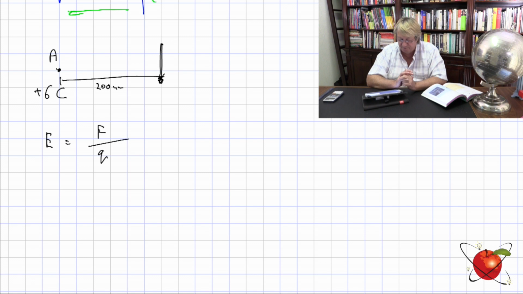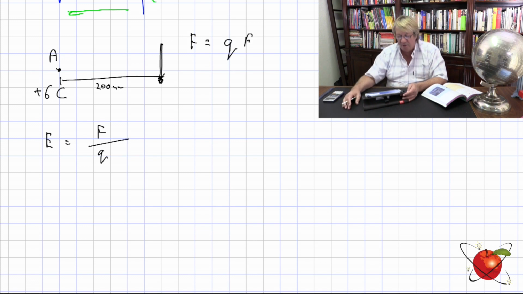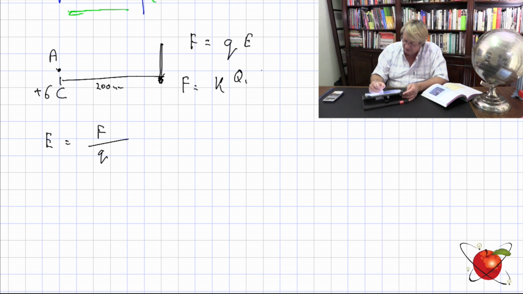We can do some substitutions in here. First of all, we know that F is equal to Q times E. We also know that F is equal to K Q1 Q2 over R squared.